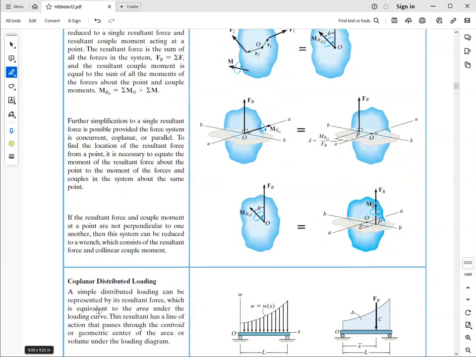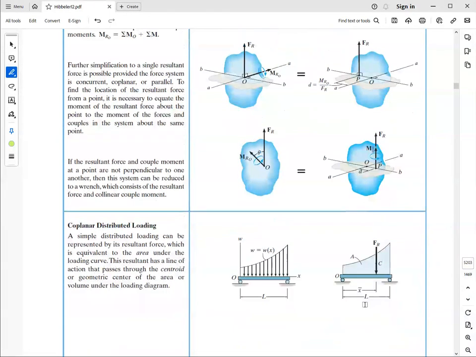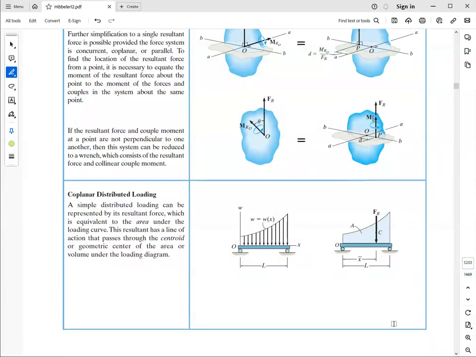And then distributed loading, common in engineering analysis. It could be a distributed load due to wind, air pressure, fluid pressure, or weight spread over a length or over an area.